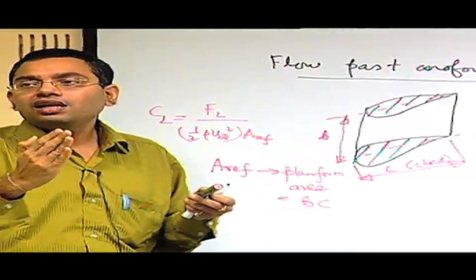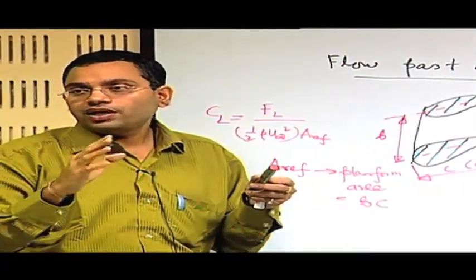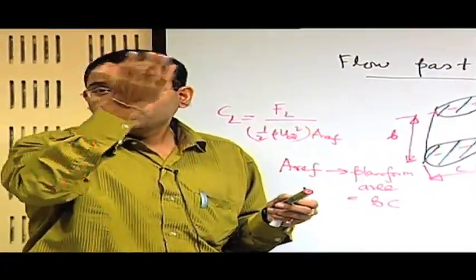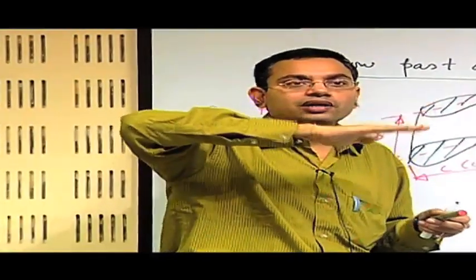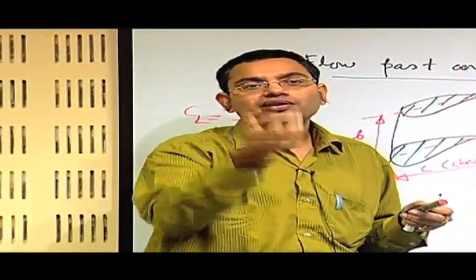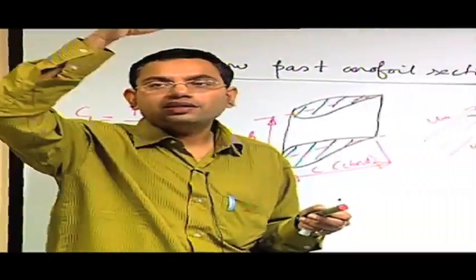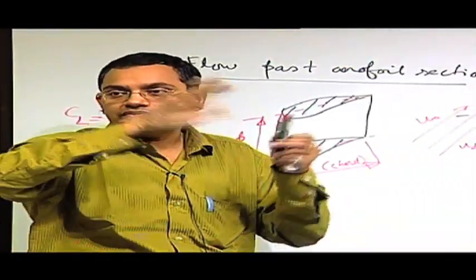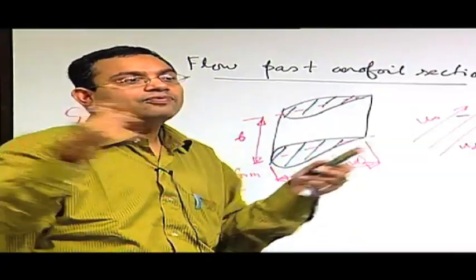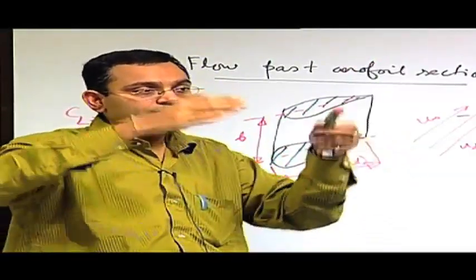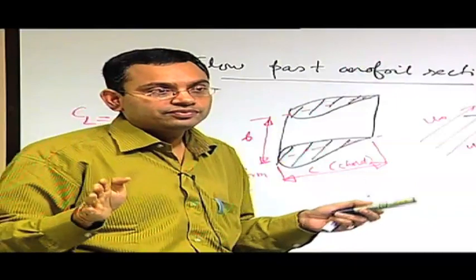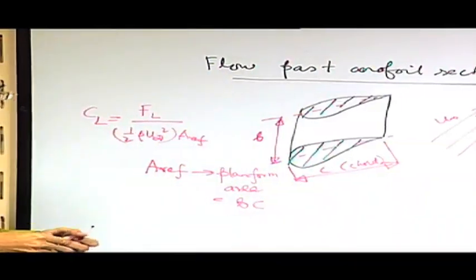That angle has to be adjusted properly to get the proper lift, but once it is at a particular level, then you do not expect a net thrust or a net lift. That means the weight is balanced by the lift force and it is in equilibrium. Similarly the drag force is balanced by the thrust, so it is in a sort of equilibrium and moving. So these are some of the important things.